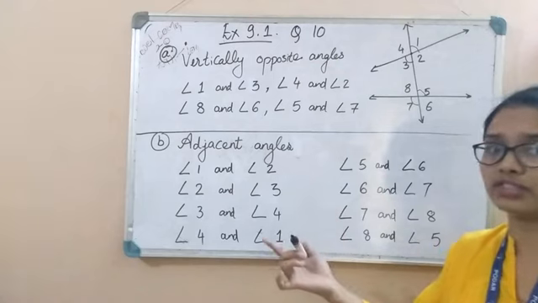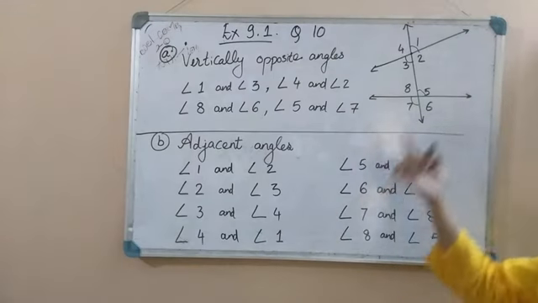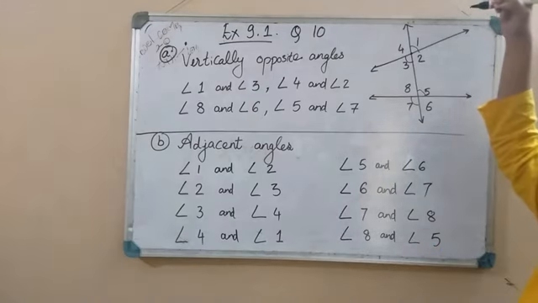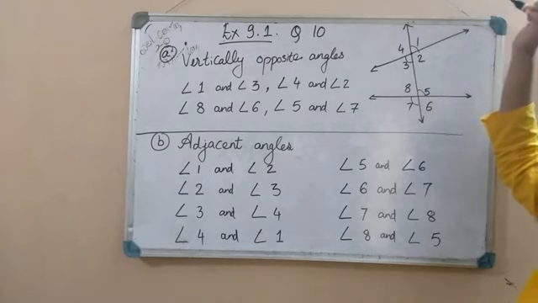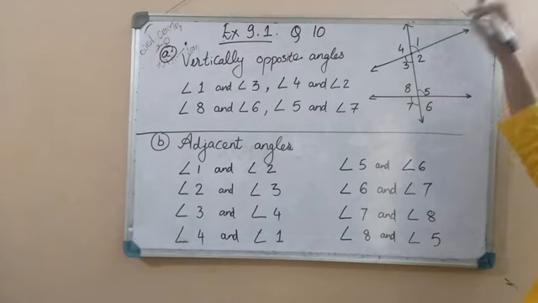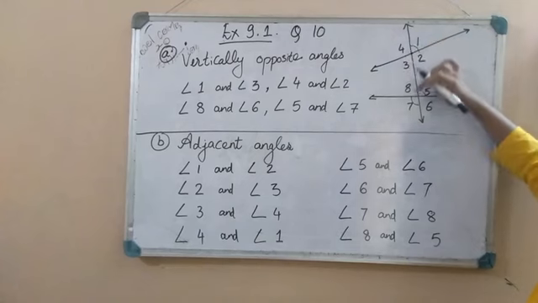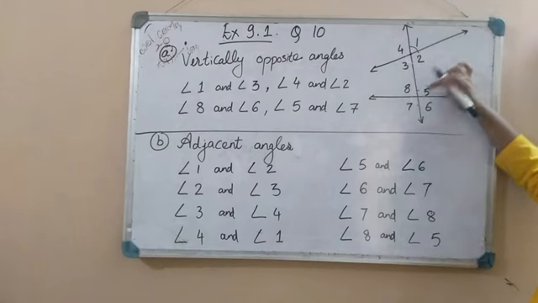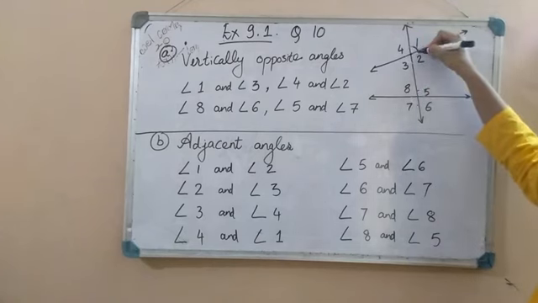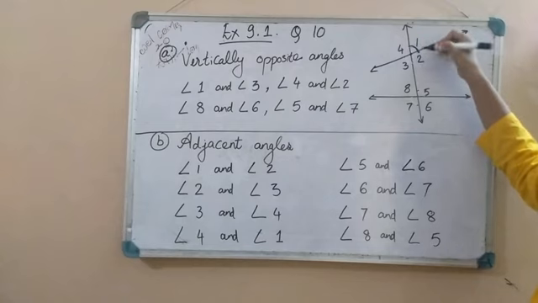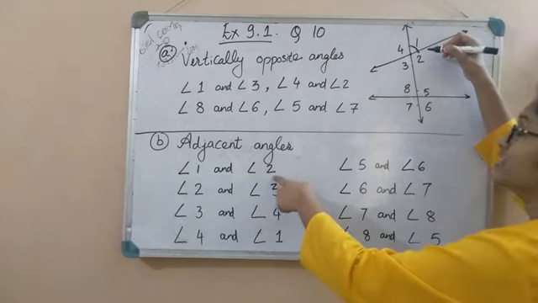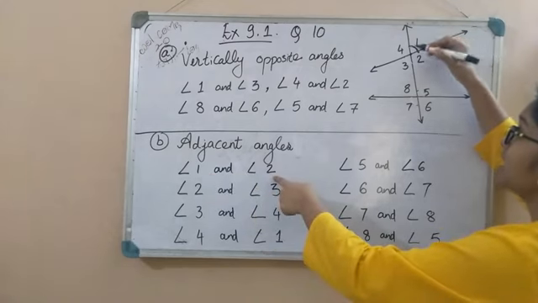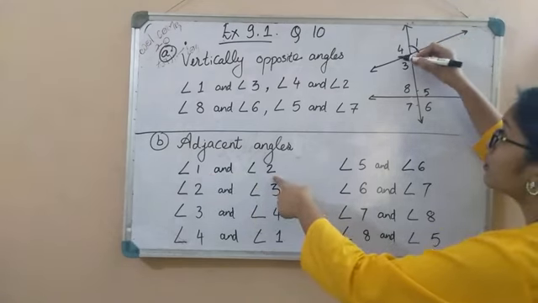Now, the next is adjacent angles. Adjacent means we have seen that for two angles, the vertex should be common and one arm should be common. So in the same figure, for angle 1, angle 2 is adjacent, and angle 4 is also adjacent.